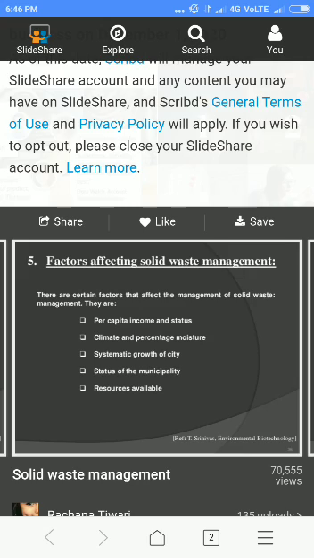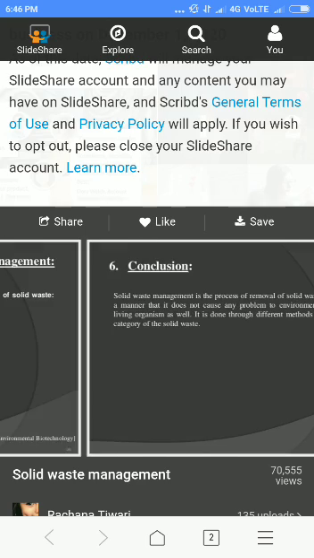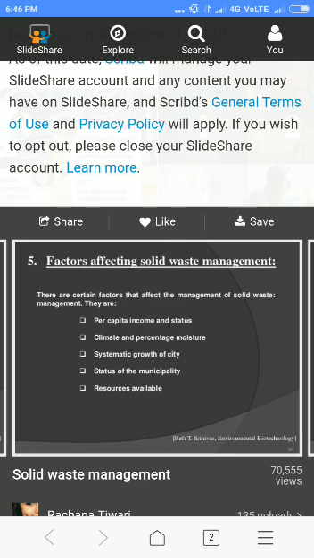Now there are various factors which affect solid waste management, especially climate and percentage moisture. After that, systematic growth of city, status of the municipality, resources available, per capita income, as well as status. These are some specific factors which affect the solid waste management practices.